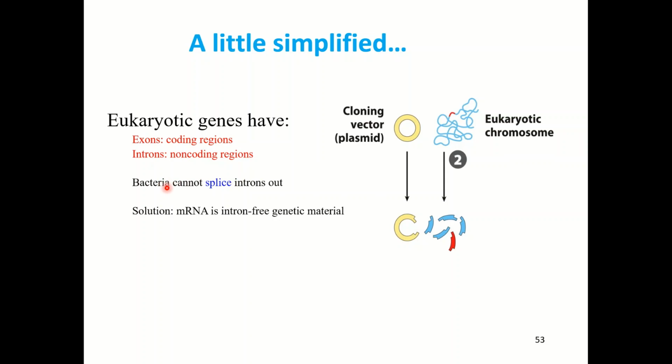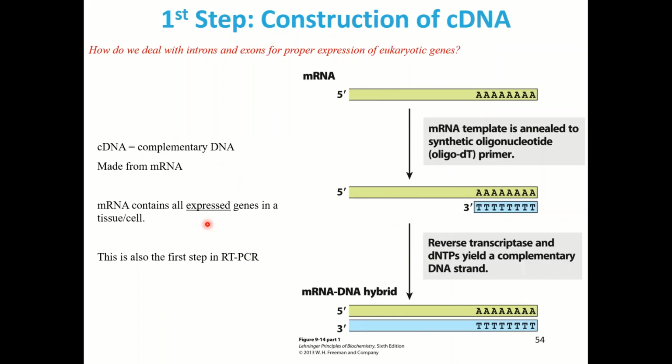Okay, bacteria can't splice these introns out. In a eukaryotic cell, introns are spliced out. In a bacteria cell, that's not going to happen. So what is the solution? Using the messenger RNA, because that's intron-free. Okay, so messenger RNA is only the coding regions, only the exons.